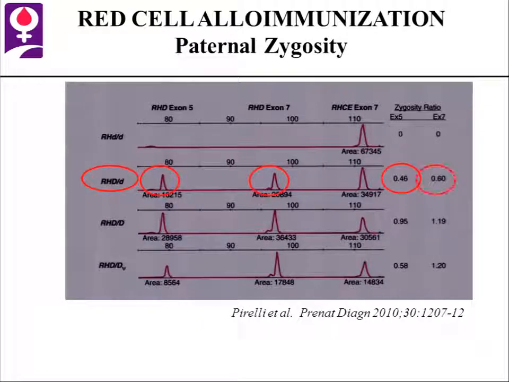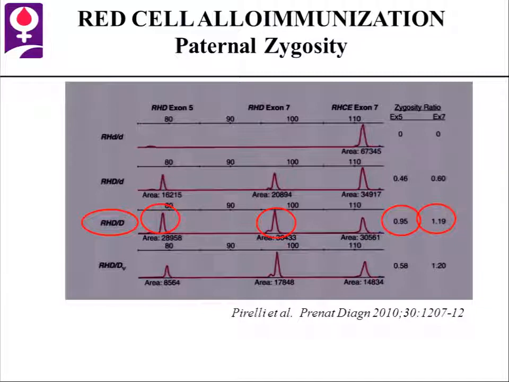So there are peaks found in the D gene exon 5 and 7, but they're about half as tall on quantitative PCR as the internal RHCE exon 7. So that's a heterozygote, one copy of the Rh gene. And then finally, in the next panel, we'll see a homozygous individual, and the peaks are equivalent to the control RHCE gene, and therefore that's a homozygous individual.